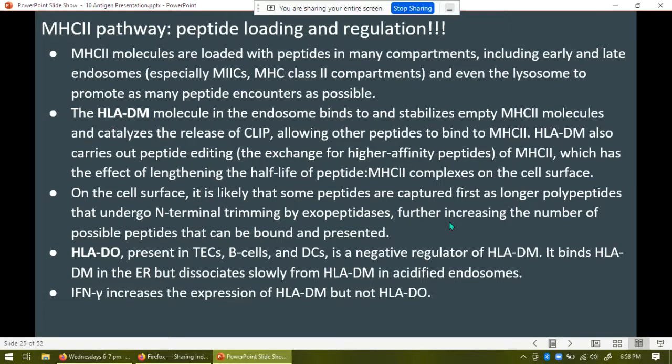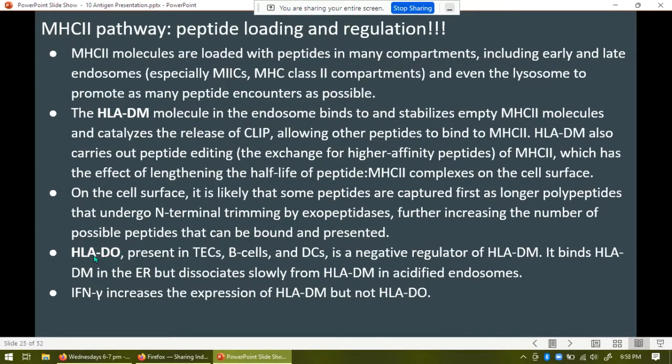But that also further increases the number of possible peptides that can be bound by MHC2 and presented, right? So you have anywhere from 13 to 25 amino acids in these peptides, but MHC2 can probably bind to stuff that's longer than that. It just normally gets trimmed down to 25 or less, and it's going to get trimmed down to basically a random number.